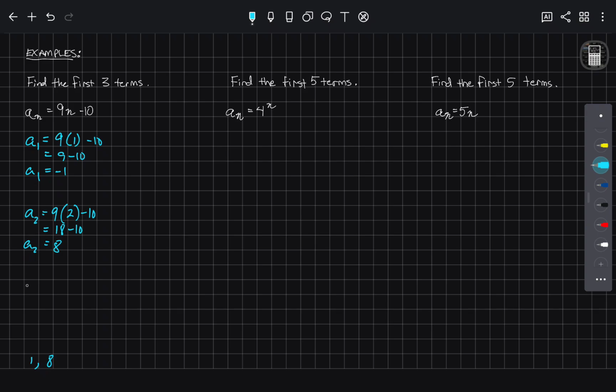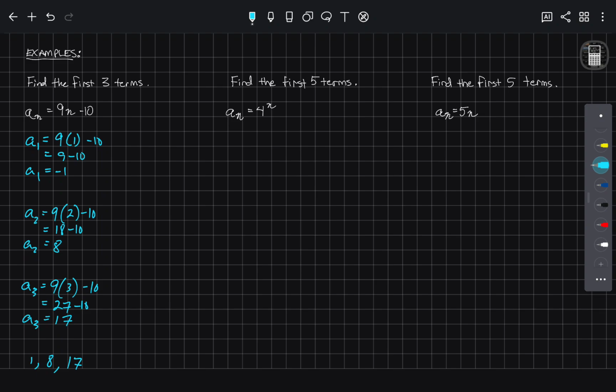Then let's go ahead and do the third one. The third term is going to be 9 times the third term in the sequence, minus 10. Evaluate. 27 minus 10. The third term is going to be 17.